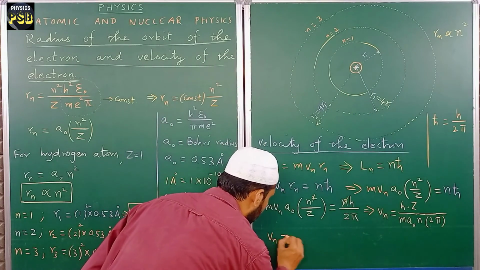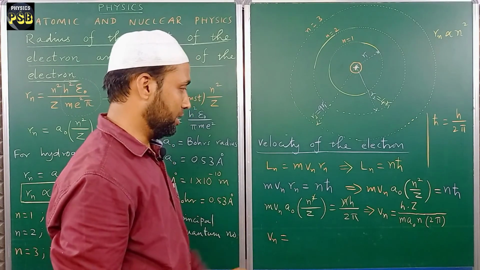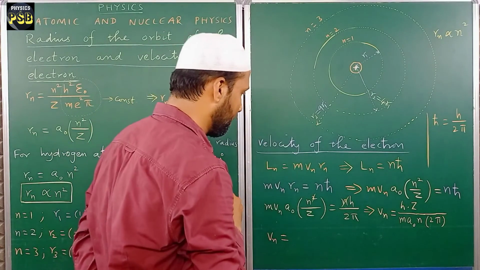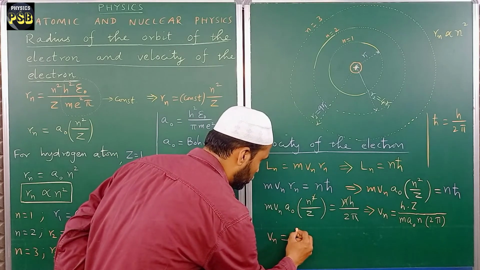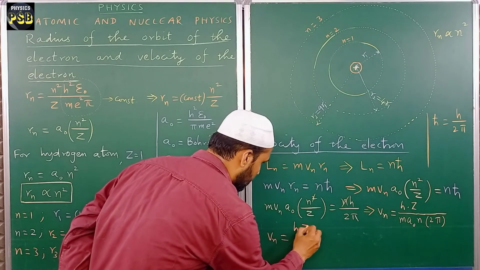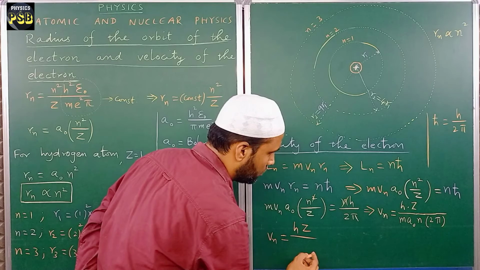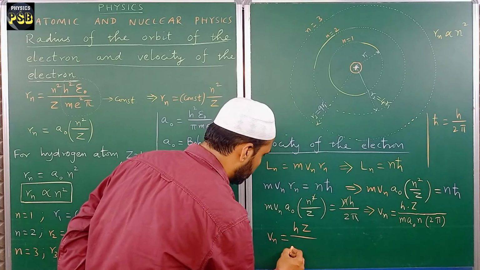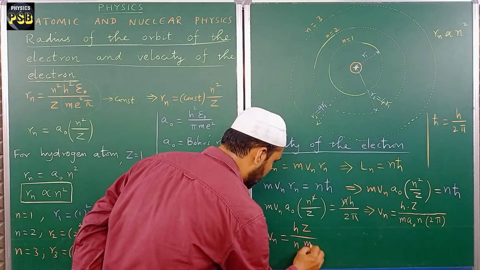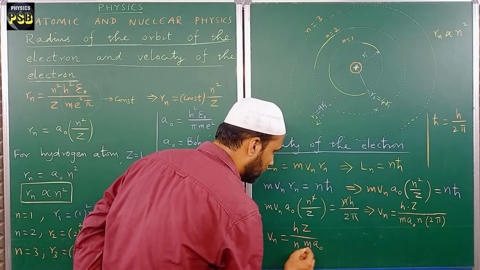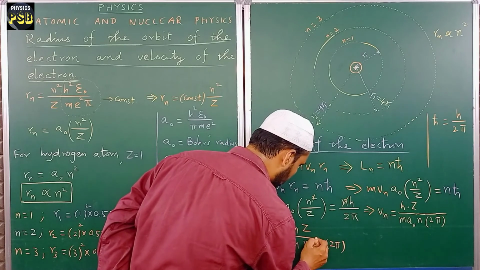So Vn, which is the velocity of electron in nth orbit, is given as h z upon n m a naught 2 pi.